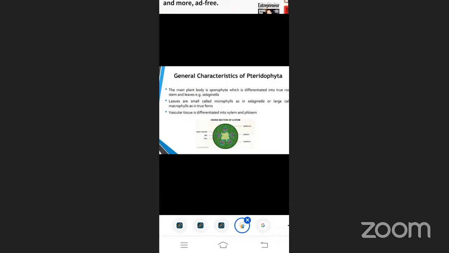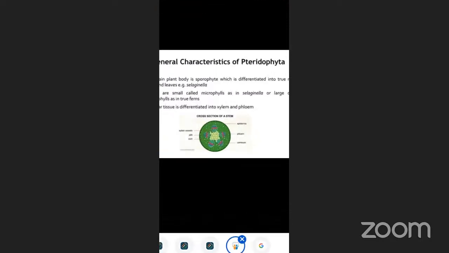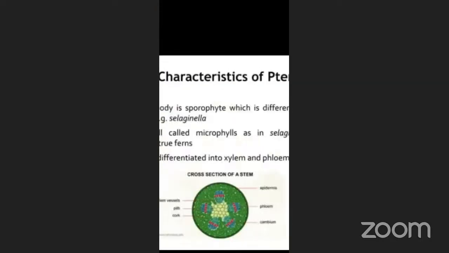So a stele without it we call a protostele. Clear? The central parenchymatous tissue is called the pith. That pith is totally absent in the protostele.